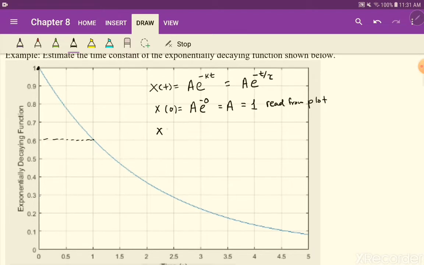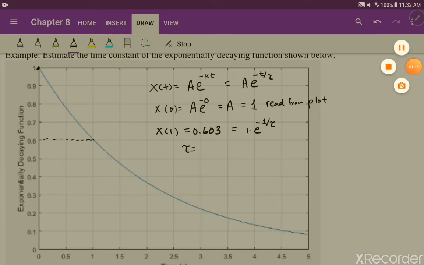When time is equal to 1 second, we read, how about 0.603, this is a made up number, equals 1 times e to the minus 1 divided by tau. So let's find what tau is.